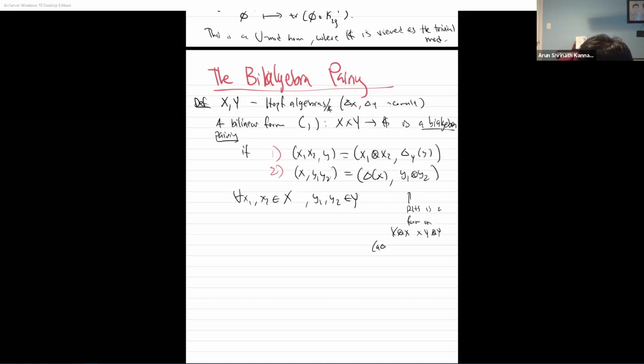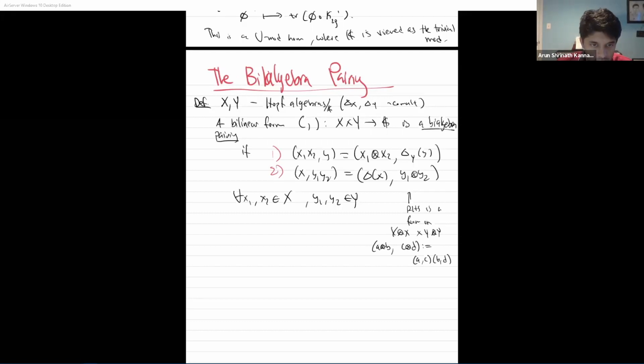So you have A tensor B comma C tensor D is defined to be A C B D, where A and B are in X and C and D are in Y.